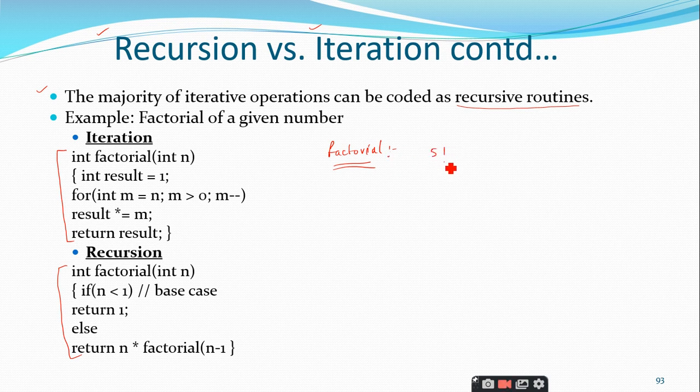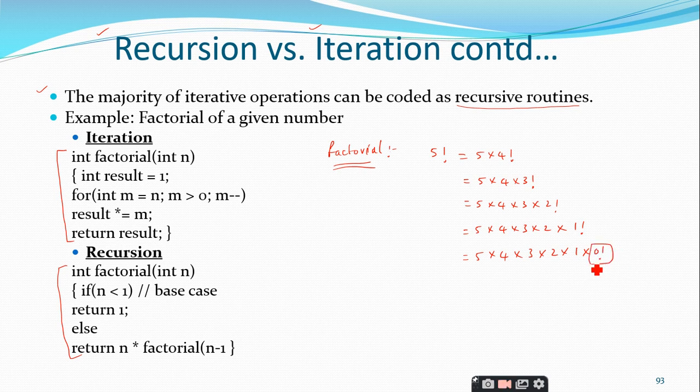So if I want to calculate 5 factorial, it is equivalent to 5 into 4 factorial. Then we have 5 into 4 factorial, which is 4 into 3 factorial. Then 5 into 4 into 3 multiplied with 2 factorial, then 5 into 4 into 3 into 2 multiplied with 1 factorial, and then 5 into 4 into 3 into 2 multiplied with 1 into 0 factorial.